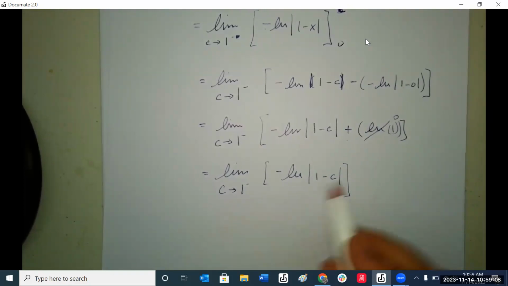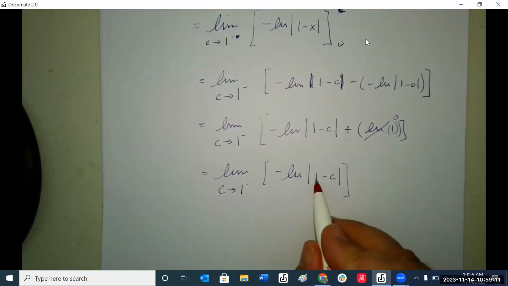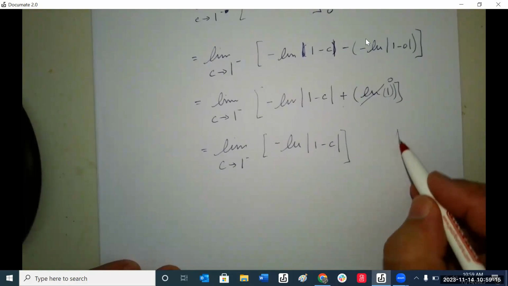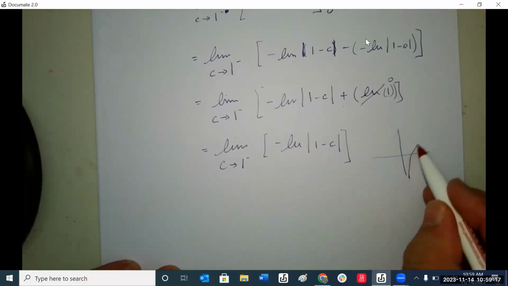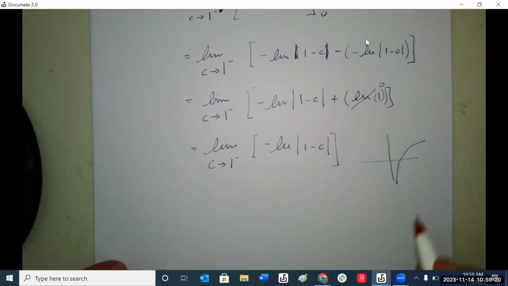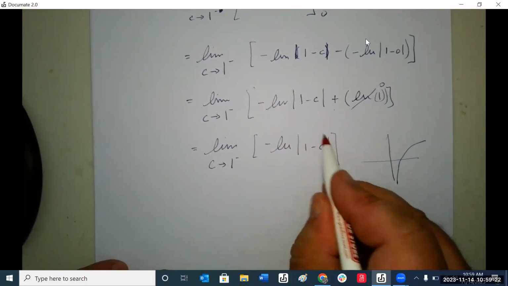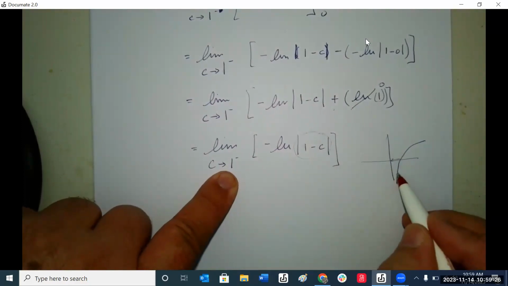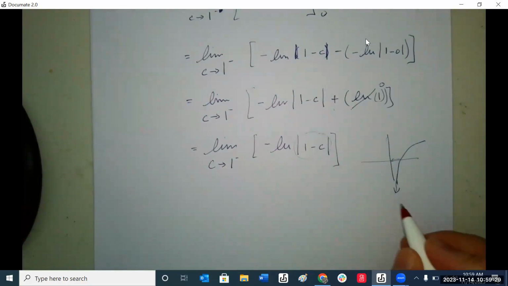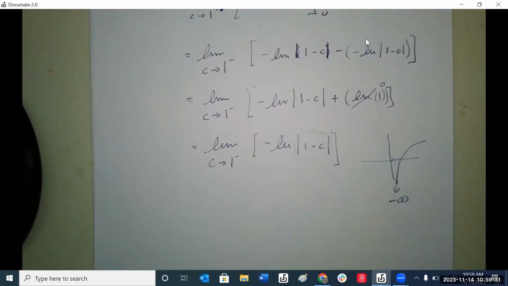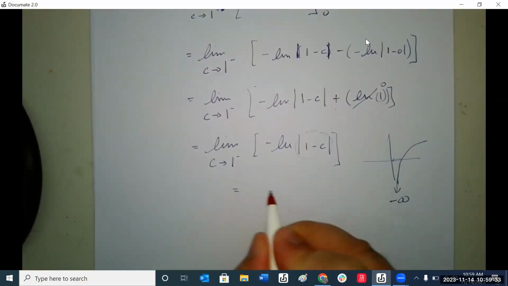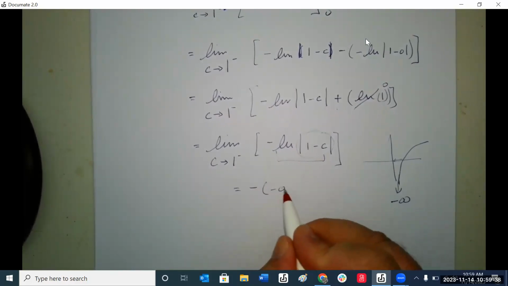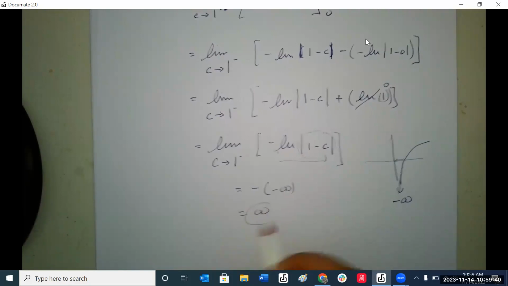As it goes to 1 from the left, it gets closer and closer to 1, so 1 minus c goes to 0. Remember, the ln function looks like that. As this value gets closer to 0, ln goes to negative infinity, so negative ln goes to positive infinity.